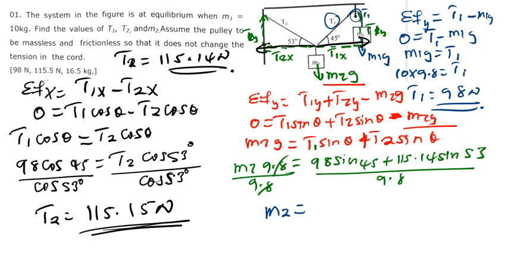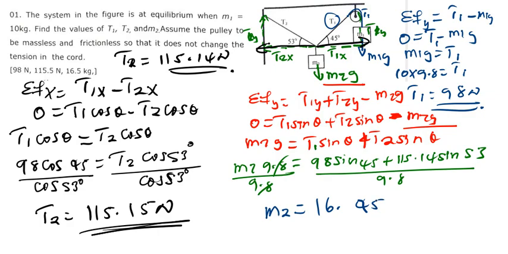I'm going to do it directly to avoid the decimal places. So 98 sine 45 plus 115.14 sine 53. The answer I'm getting is 161.2513572. I divide it by 9.8. The answer I'm getting is 16.45.